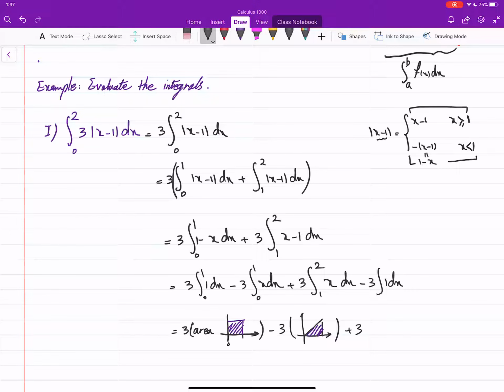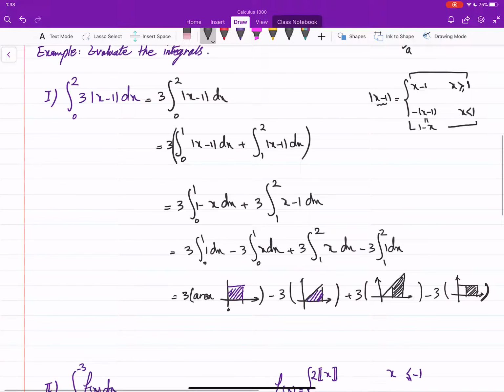Then 3 times the area of this trapezoid, or the difference of two triangles, and minus 3 times, again, this goes from 1 to 2, and that is another square.